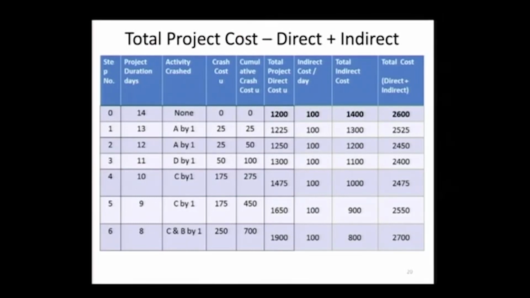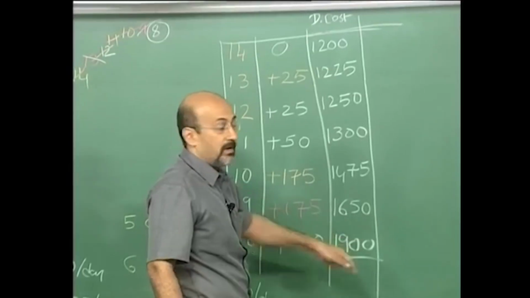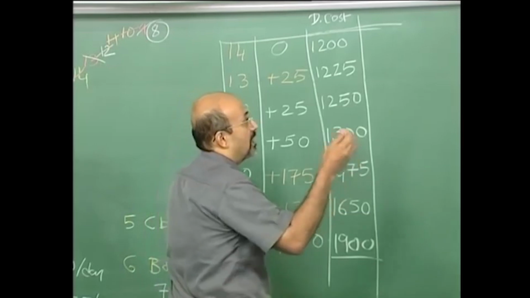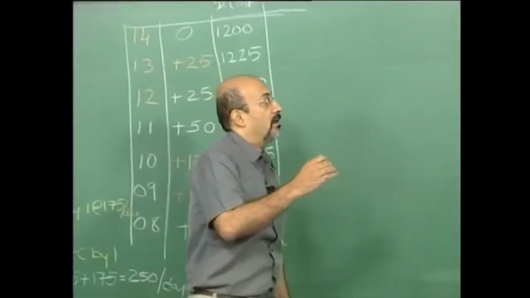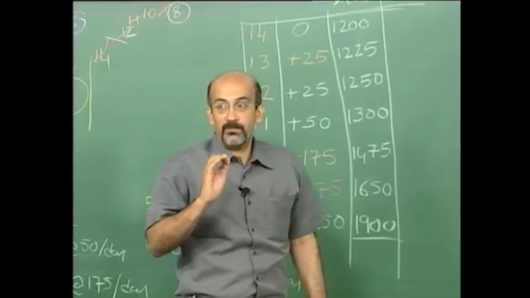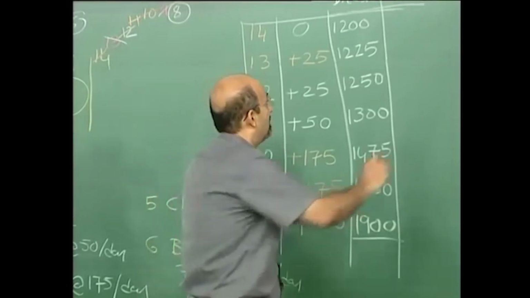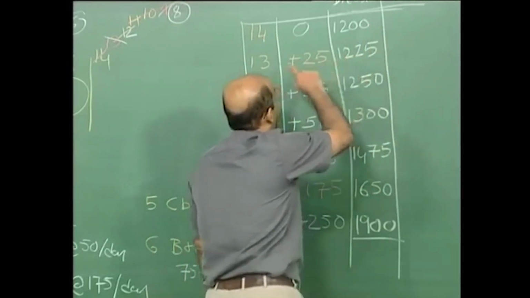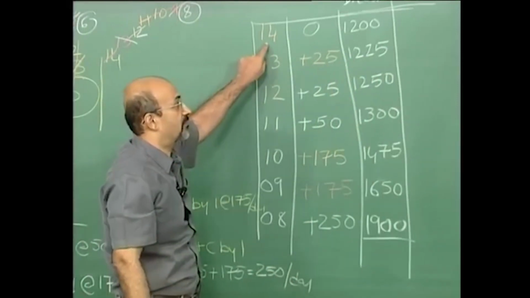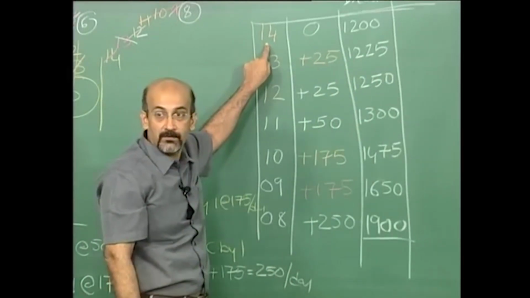What I have here is a table, and the values we have put here are the total project direct cost: 1200, 1475, 1650. What I have now added is an assumed indirect cost of 100 per day. So every day there is a charge of 100 for which the project is active, which means if I am there for 14 days, it is 1400.